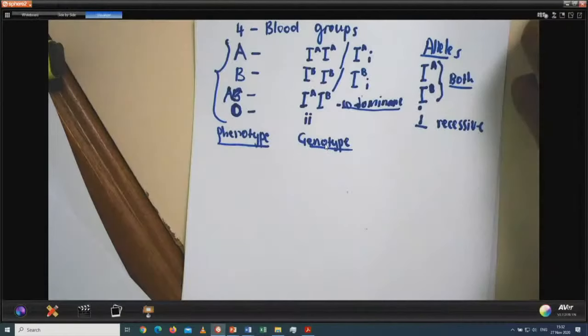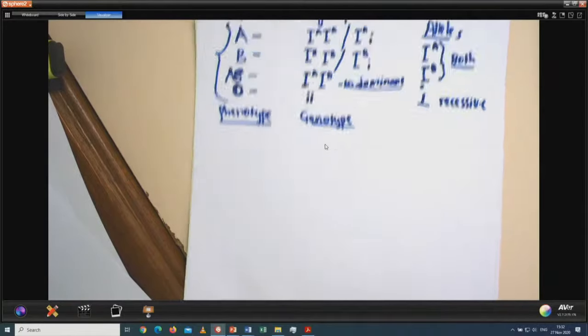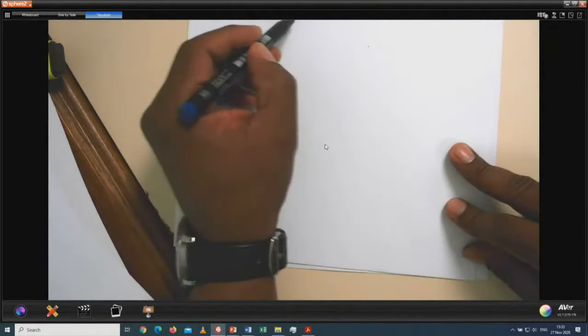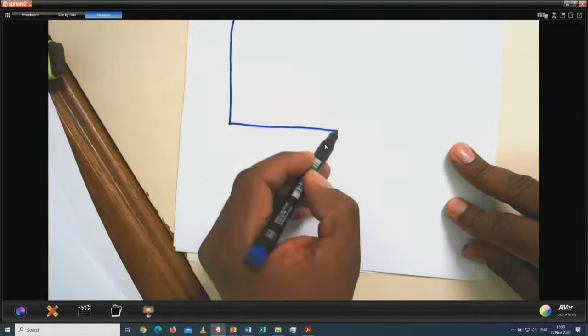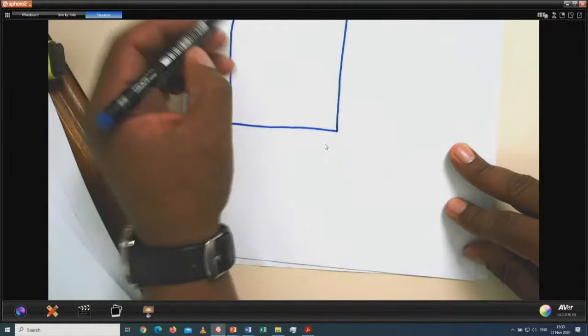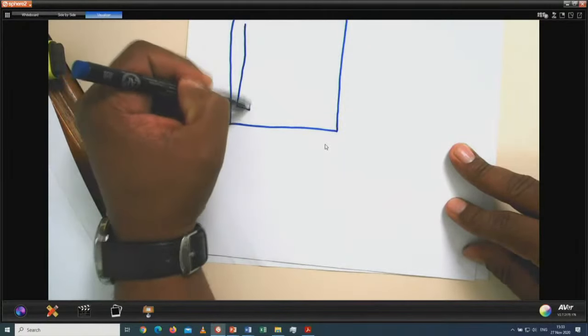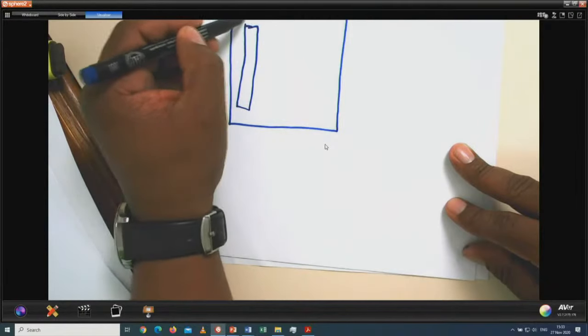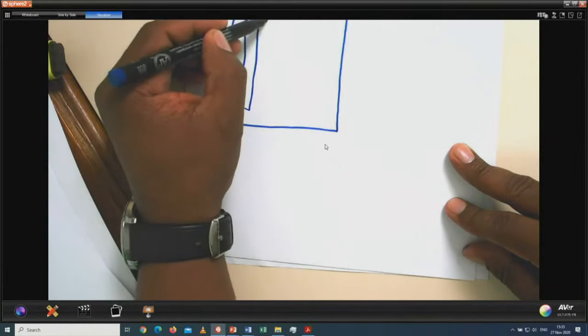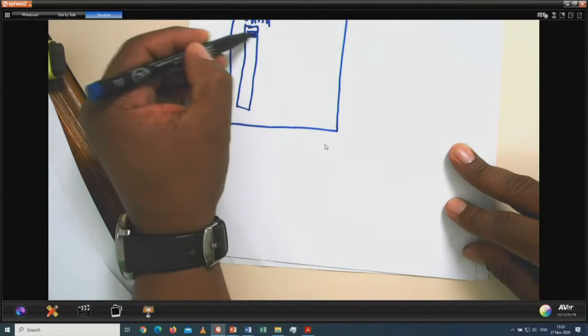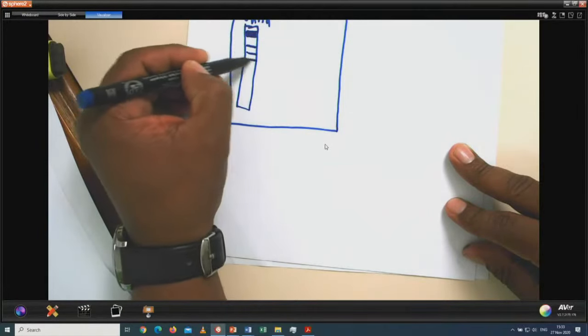Maybe I can do a sketch just to explain that one. For example, if we have a DNA profile of a child, I'm just going to do a rough sketch to make an example.